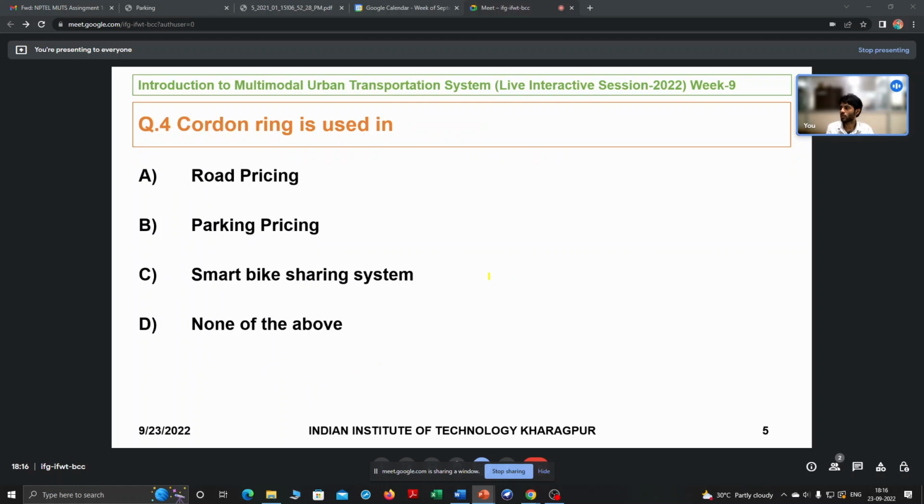So then what is a cordon ring used in: road pricing, parking pricing, smart bike sharing system, none of the above. So if you see, a cordon ring means, suppose you have an area and you decided that if you enter it, suppose it's a road network, right?